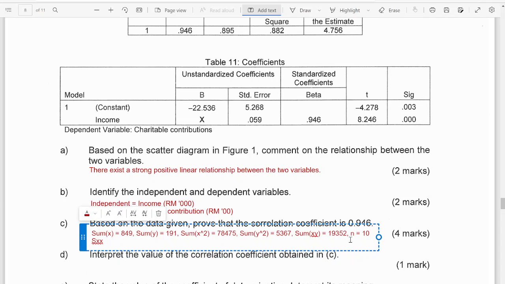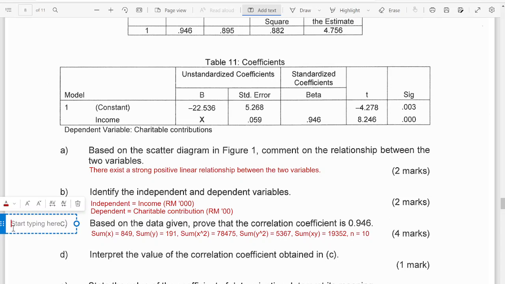Sekejap, saya buka tempat lain, saya buka luar ni lah. Okay, you can calculate the SXX. You have SXX equal to, and then SYY equal to, and then SXY equal to.